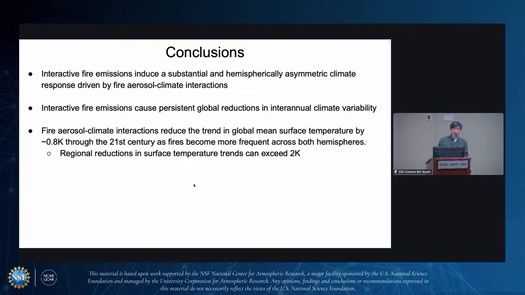But yes, I do think that the differences are mainly due to the climate responses, being that the climate states do not match in the interactive from what I've seen so far, or in the prescribed from what I've seen so far.